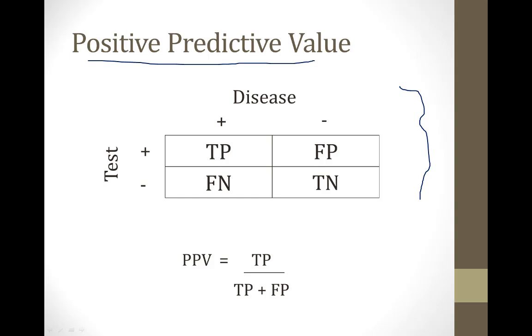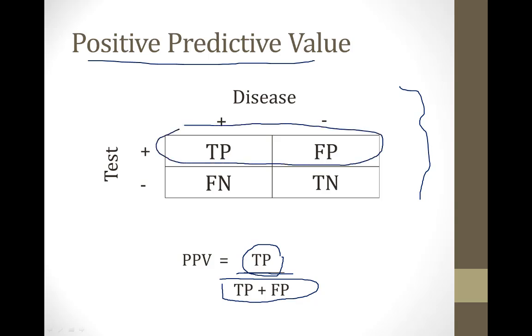So in order to calculate this, we want to take the true positives, the patients who truly have disease and are identified as positive by our test, and divide by all the positive results, which are the true positives plus the false positives. And if you have trouble remembering this equation, just remember that the positive predictive value is the top row. The trues always go on top, so true positive is on top, and the total number of patients in the top row go on the bottom. That's the true positives plus the false positives.